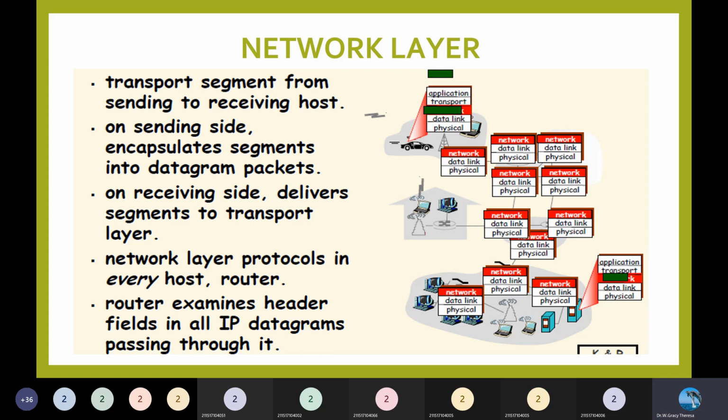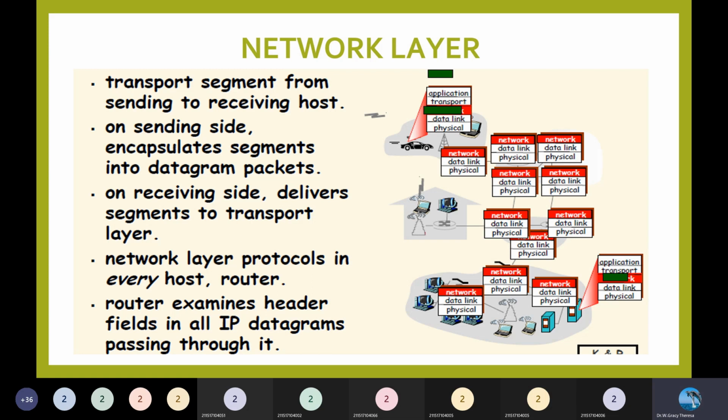At the sender side, it receives the packet from the upper layer, the transport layer, encapsulates the data packet, and sends it to the data link layer for further transmission from the source to the destination. And at the destination side, the network layer is going to receive the packet from the data link layer.